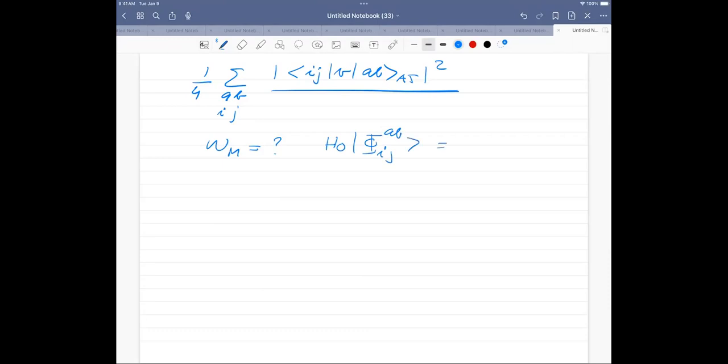And in that case, what I have is an epsilon A plus an epsilon B. And then I have to remove the energies of the particles I'm removing, plus omega 0, which contains the sum over all the hole states. So when I subtract this one from omega 0, then what I get as a denominator is an epsilon I plus an epsilon J minus epsilon A minus epsilon B.